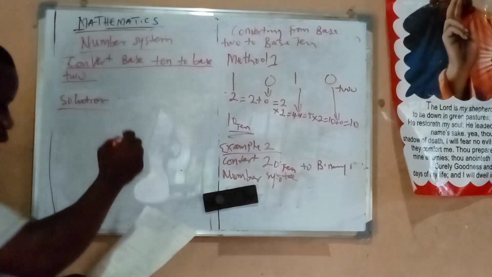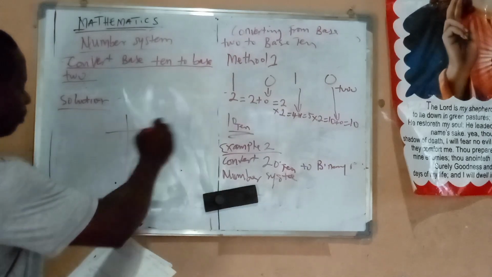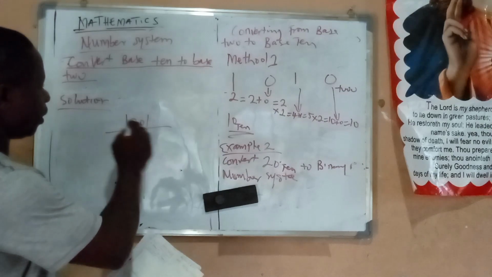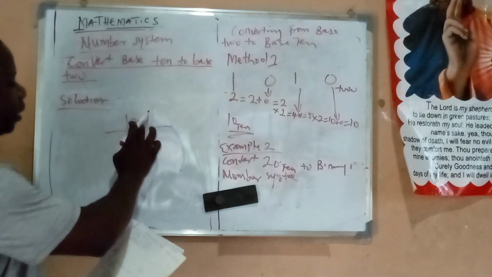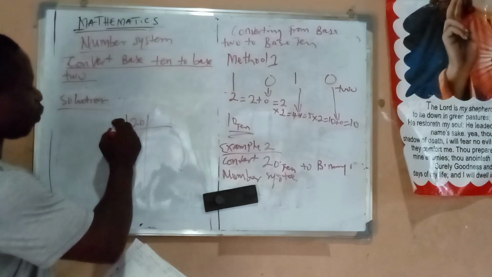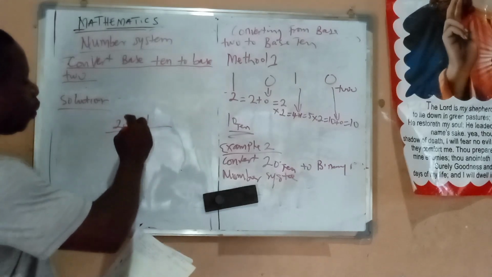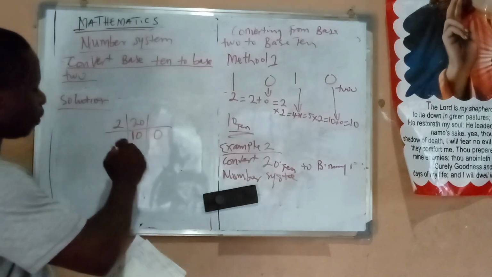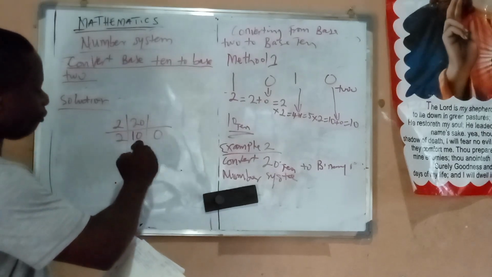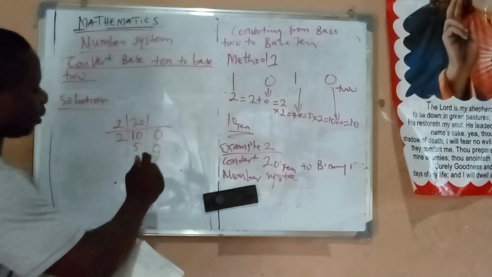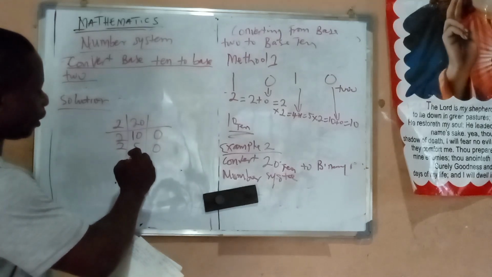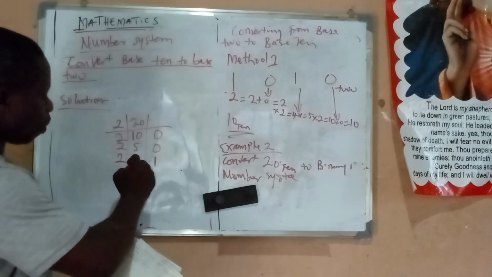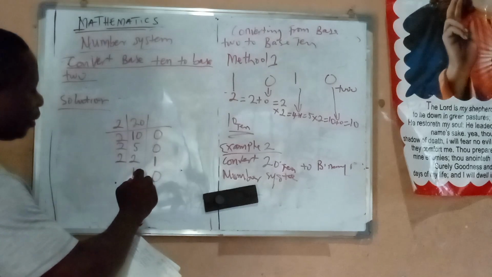Now we do as we did before on the first expression. We have a 20. We are converting from base 10 to base 2, so we use 2. 2 go into 2 one time, go into 0, nothing. Remainder 0. 2 go into 10, we have 5 times, remainder nothing. 2 go into 5, 2 times, 1 remain. 2 go into 2, 1 time, nothing remain.